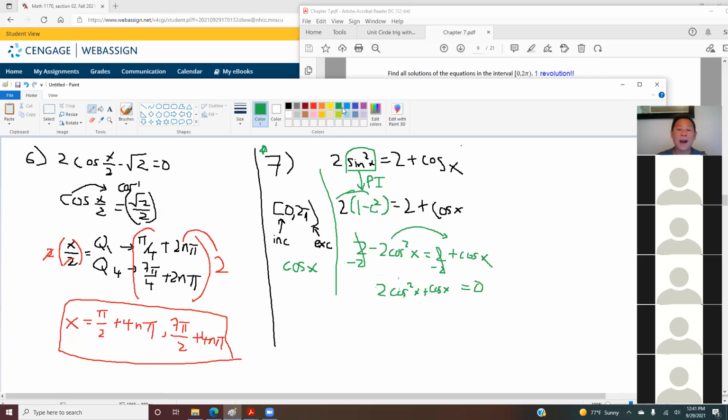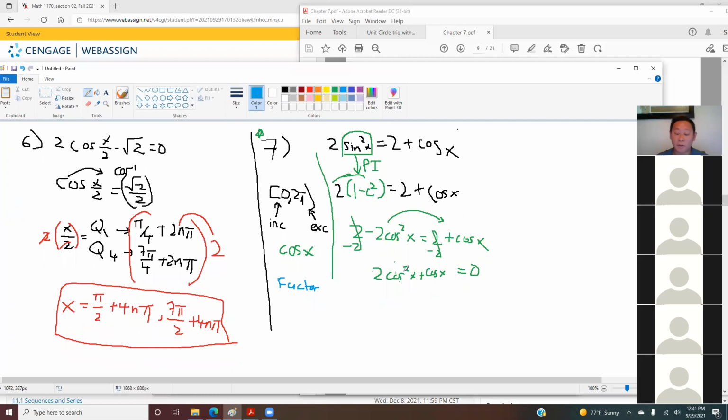So in this case, you have to factor. Every time you see squaring, we need to factor. Anyone know how to factor this one? What can we factor up here?